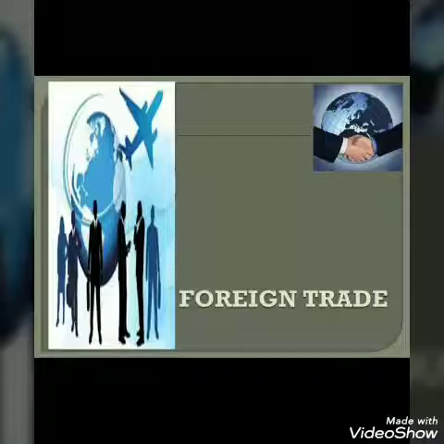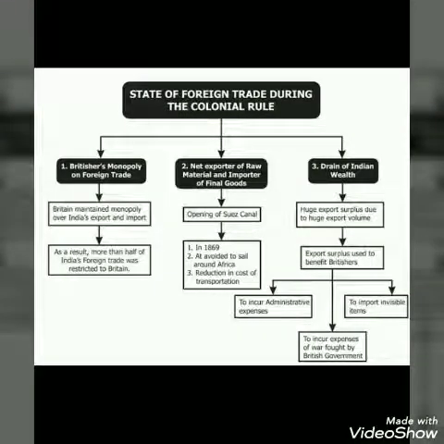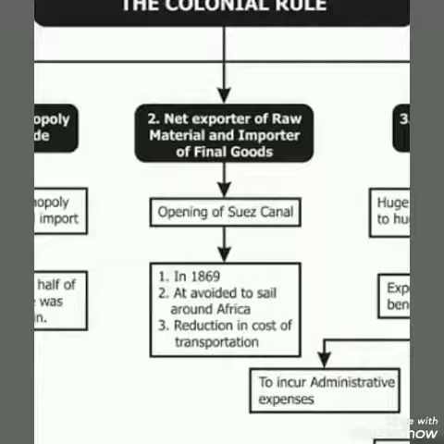Due to the discriminatory tariff policy adopted by the British government, India became a net exporter of raw material and primary products, but on the other hand, it became a net importer of finished goods produced by British industry, because the British sent raw material from India to British companies like the East India Company and others, and then produced final goods and sent them to India and sold them at high cost.